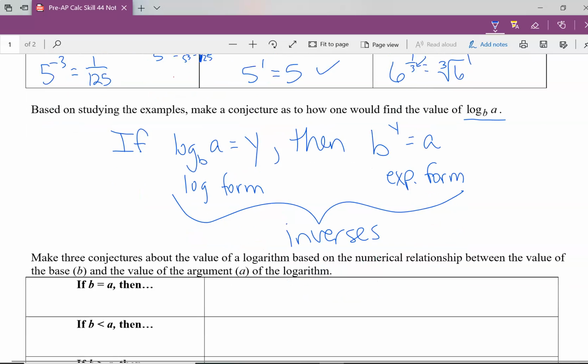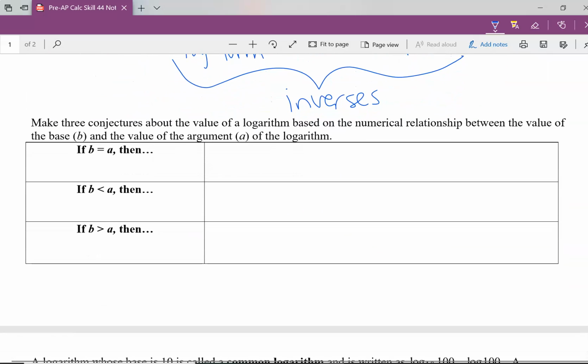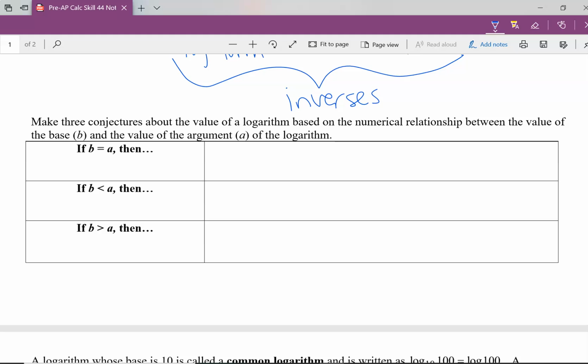All right. So now let's talk about some other facts. If b equals a, then what would be the value of log base b of a? Well, what this is saying is b and a are the same thing. So if I rewrote this, this is saying b to what power equals a.